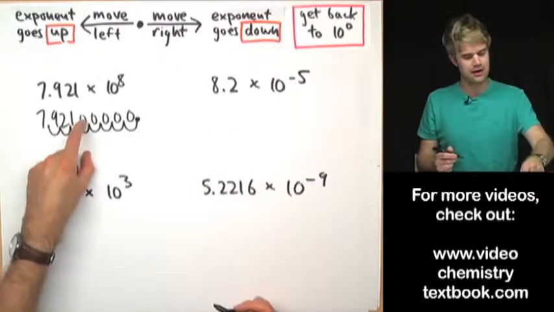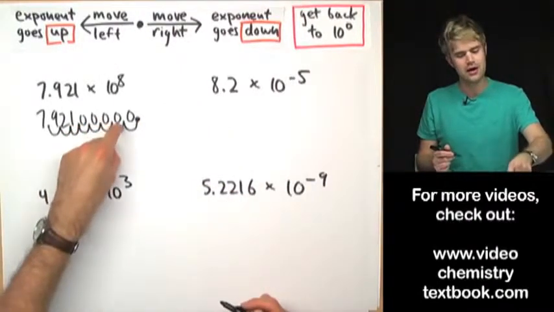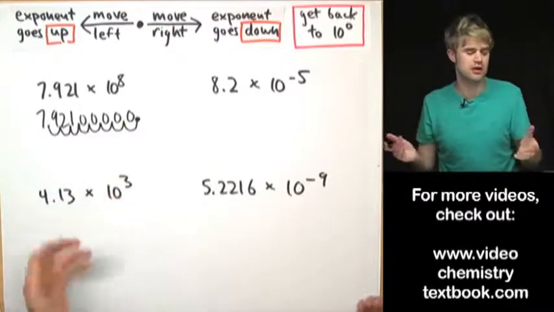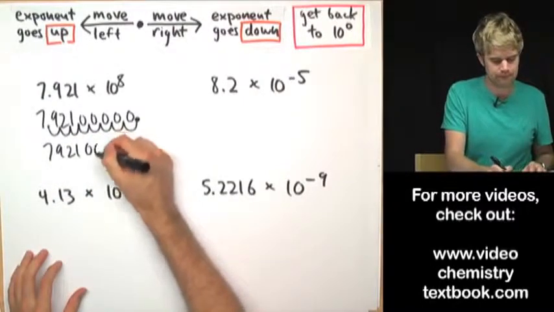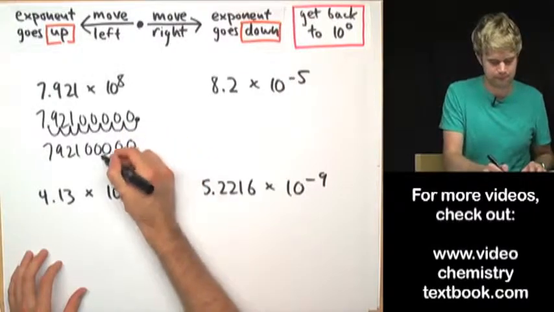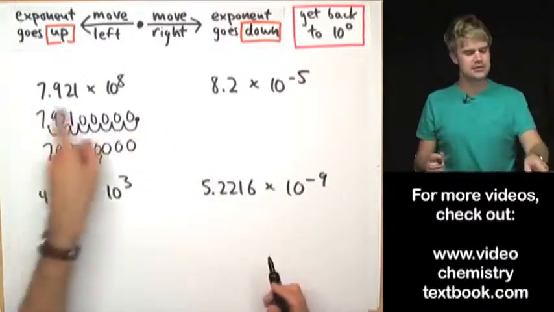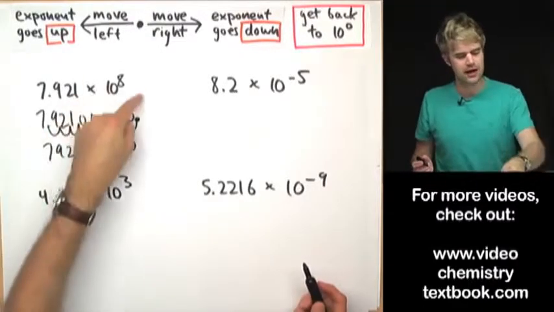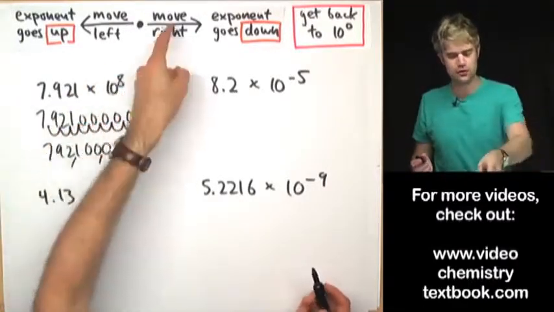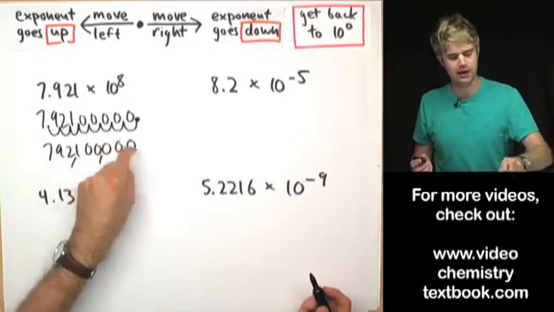You see how I did that? I just put a 0 in between every place where I had to move the decimal. And so now my new number is this. I just took the exponent and moved the decimal to the right until I got it back to 10 to the 0.